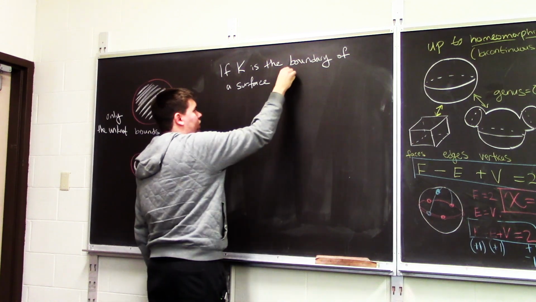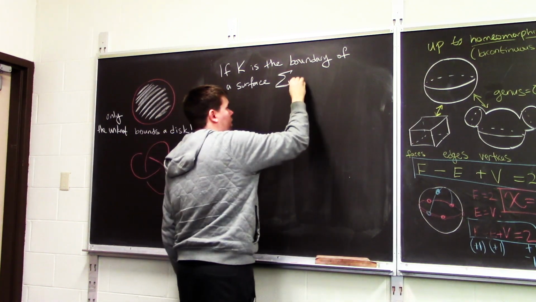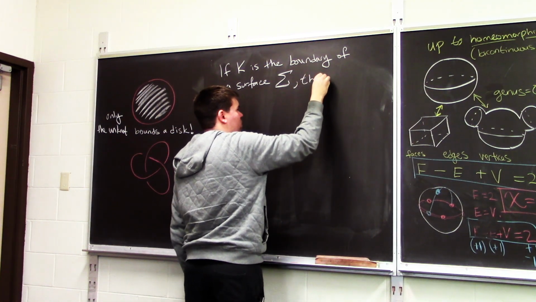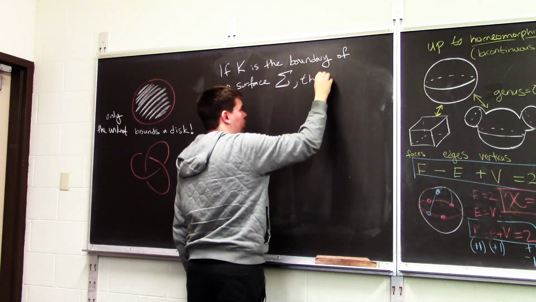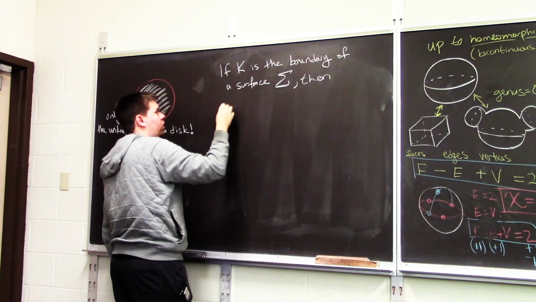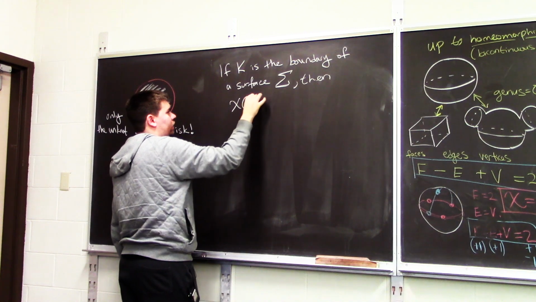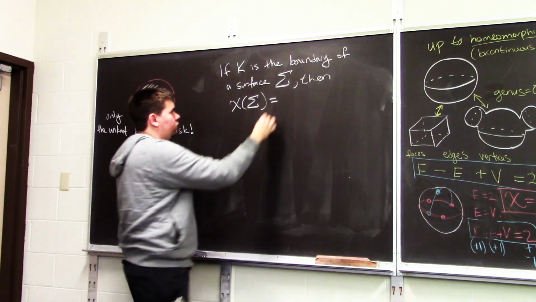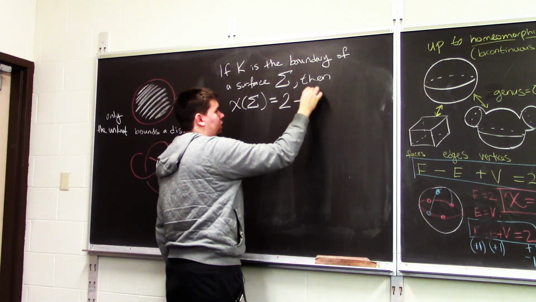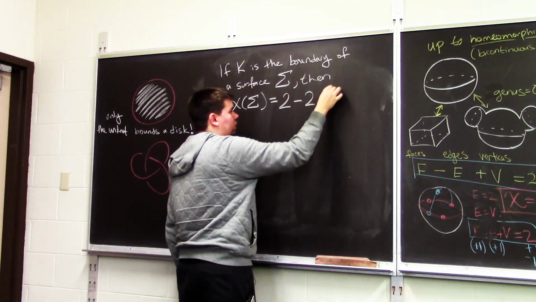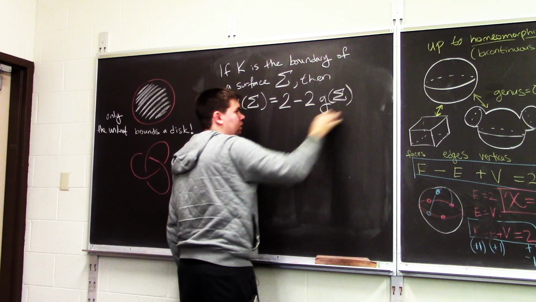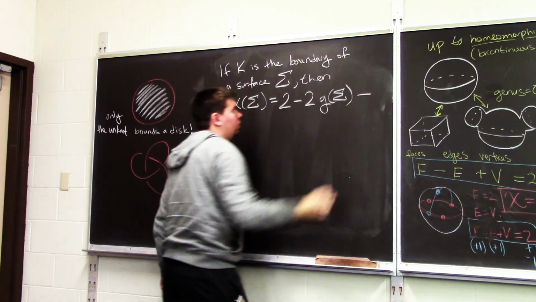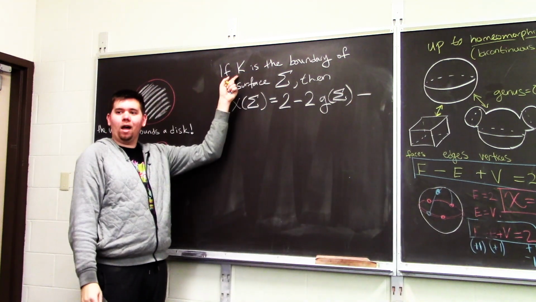Let's call it sigma. Then we know that the Euler characteristic of sigma will be 2 minus 2 times the genus of whatever sigma is, minus, well, it has one boundary component, the knot.